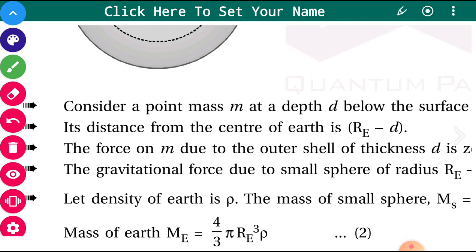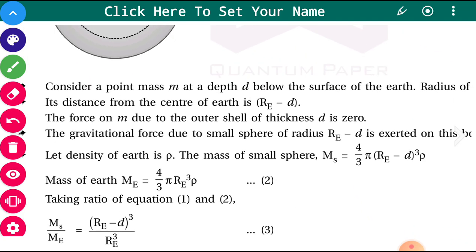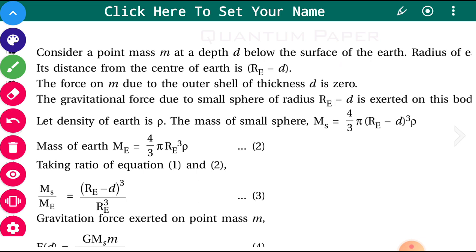Okay, that is all explained here. The mass of that small sphere which I have shown as mr, but it is denoted here as ms, is 4 by 3 pi Re minus D the whole cube into rho, and the mass of the earth is 4 by 3 pi Re cube into rho. Now the ratio is taken, that of ms to me.